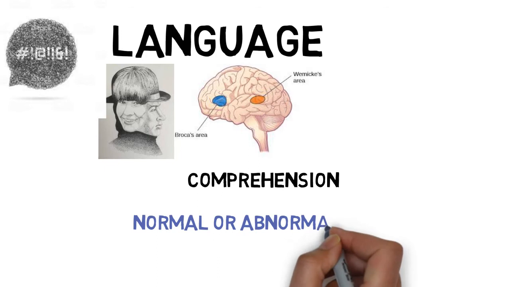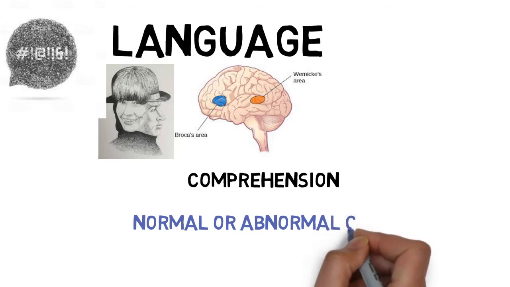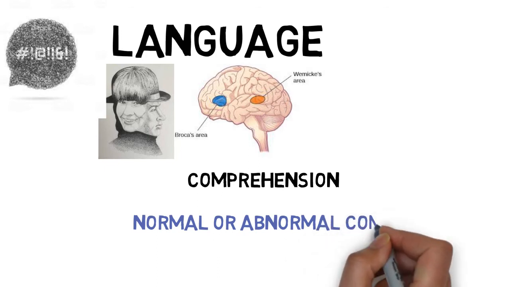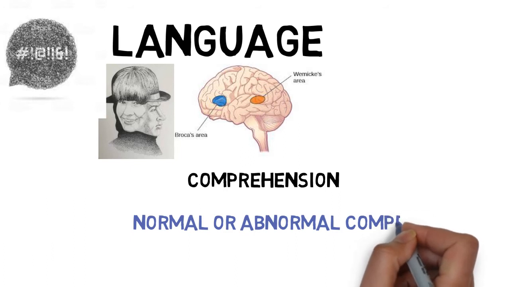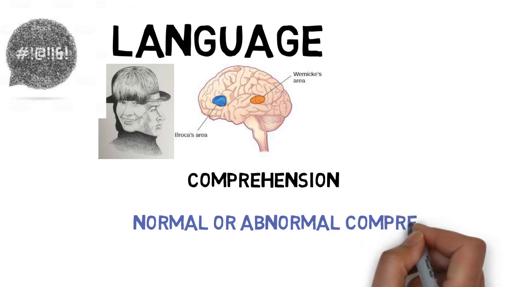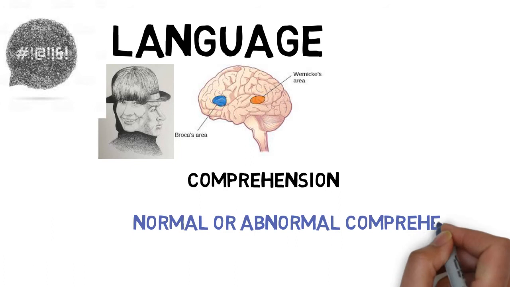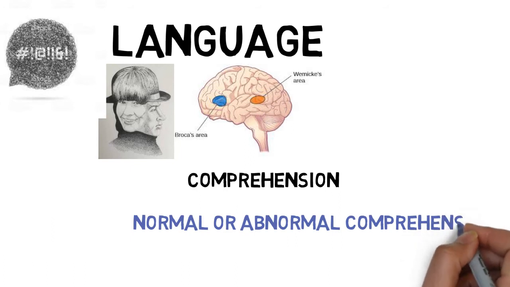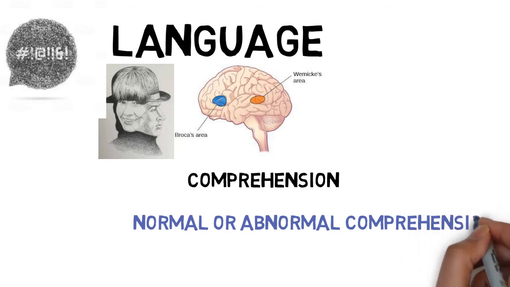And then see if they can repeat this phrase. No ifs, ands, or buts. And it's a good, simple way of seeing if someone is aphasic, because aphasics typically can't say that phrase.